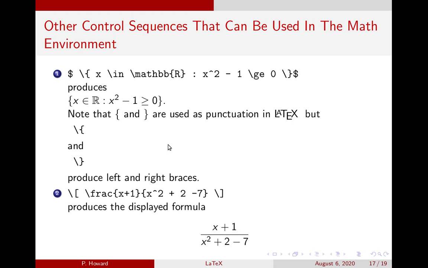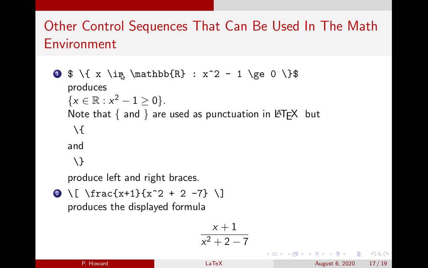Here are two more examples that illustrate some of the other control sequences that are pretty useful. Number one. So here again, I've put the source mathematics inside the mathematics environment. That's the beginning and ending $ signs. So a backslash left brace produces a left brace in the output file.